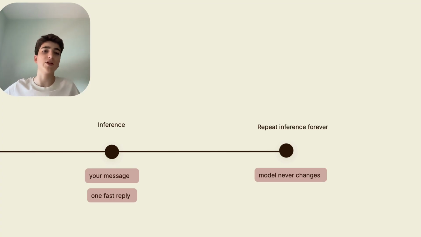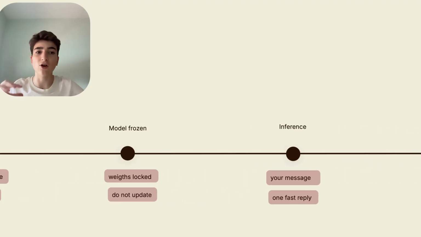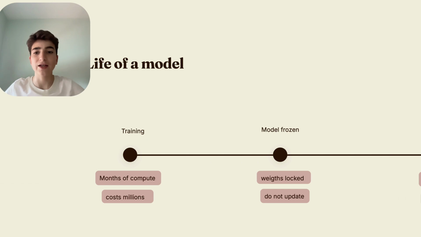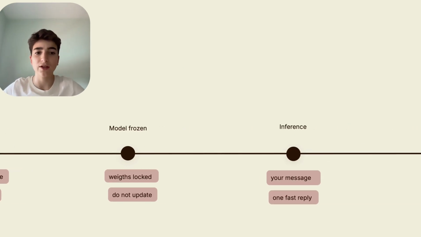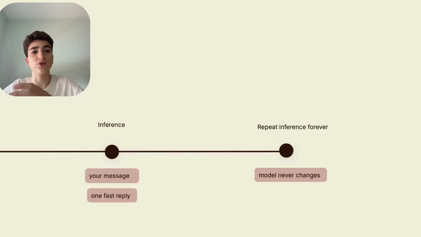And they repeat that inference forever. So that model never changes. It doesn't learn from your conversation in real time. No, that doesn't happen, because the only part where it learns is in the training phase, and it's the first one. Then they froze it, they do inference, so yeah, you can use it, and it repeats that inference forever.